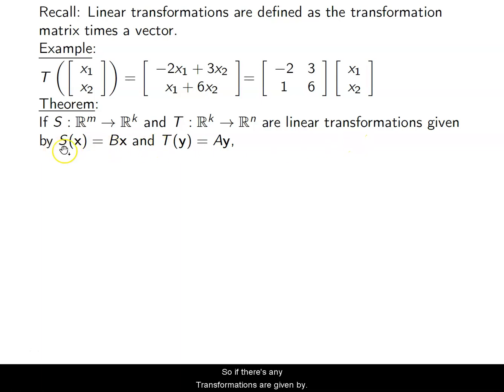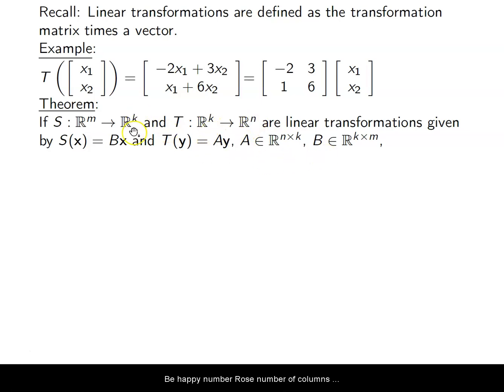So these are linear transformations given by S of X is some transformation matrix times X, and T of Y is another transformation matrix times Y. Here A has to be n by k, right? Because it goes with my T, so it's number of rows, number of columns. B has to be number of rows, number of columns. Remember, for a transformation, they're swapped around from the traditional standard rows, columns, right? It goes rows last, columns first for a transformation.